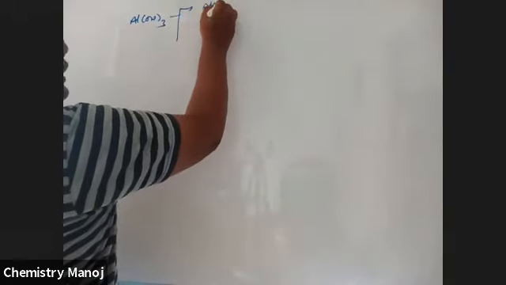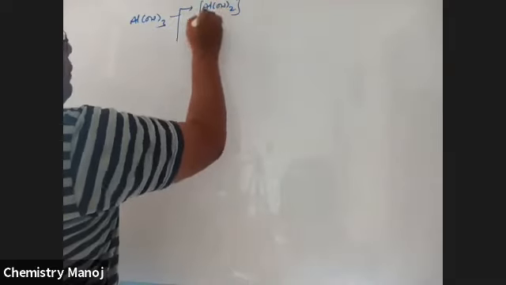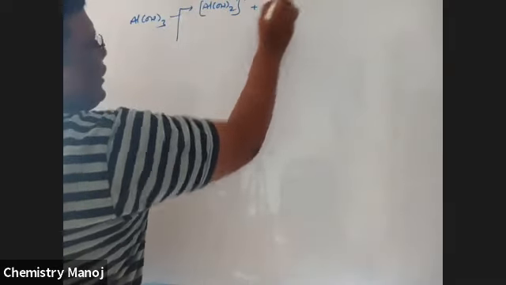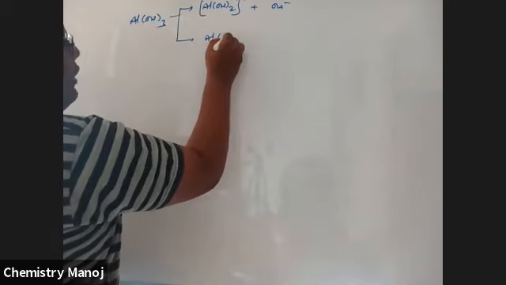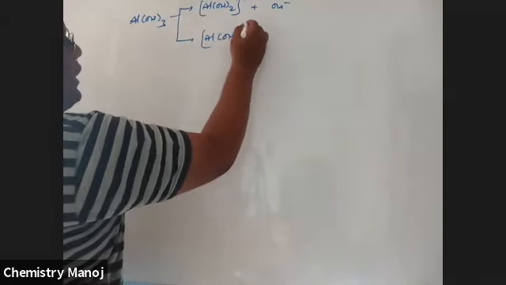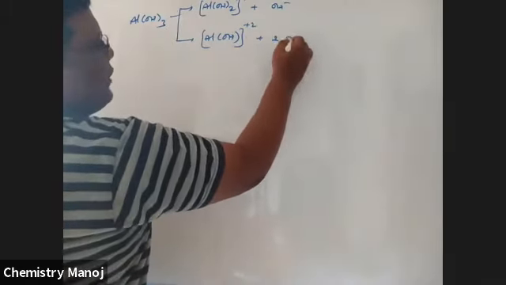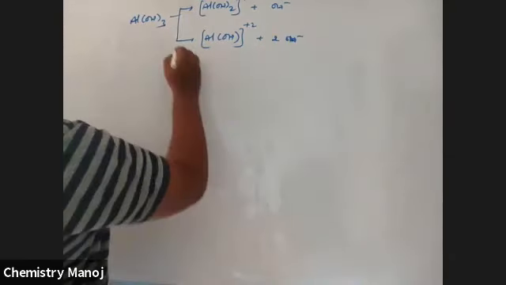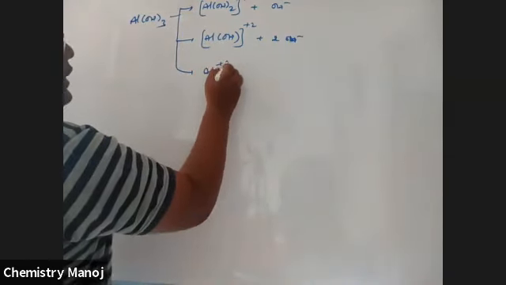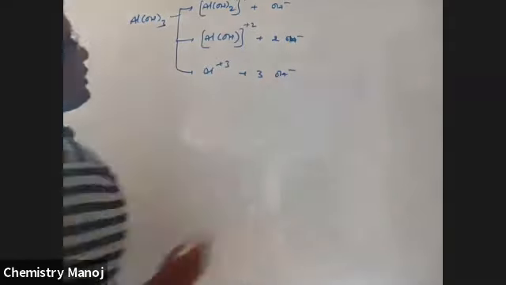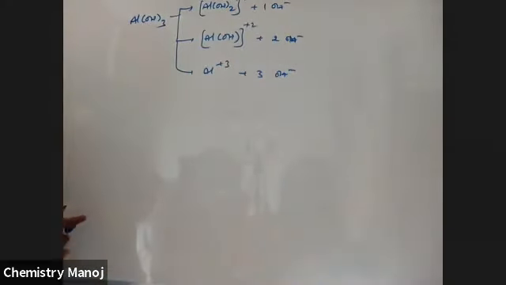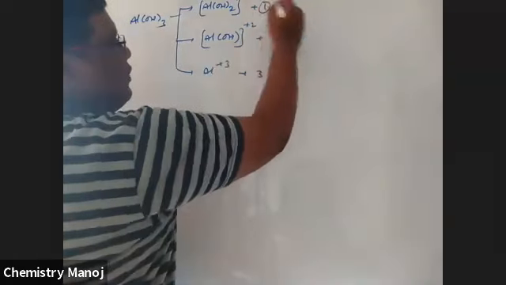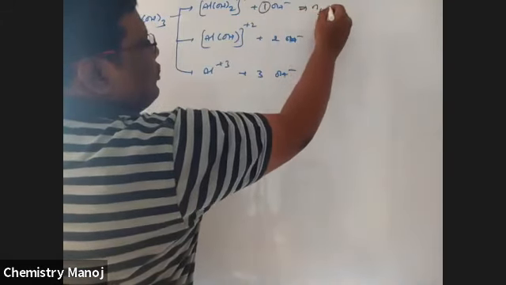For Al(OH)3, aluminum hydroxide, 3 OHs are there. This one breaks as Al(OH)2 plus ion and 1 OH minus ion, or AlOH 2 plus ion and 2 OH minus ions, or Al 3 plus ion and 3 OH minus ions. In the first case, n factor is equal to 1.